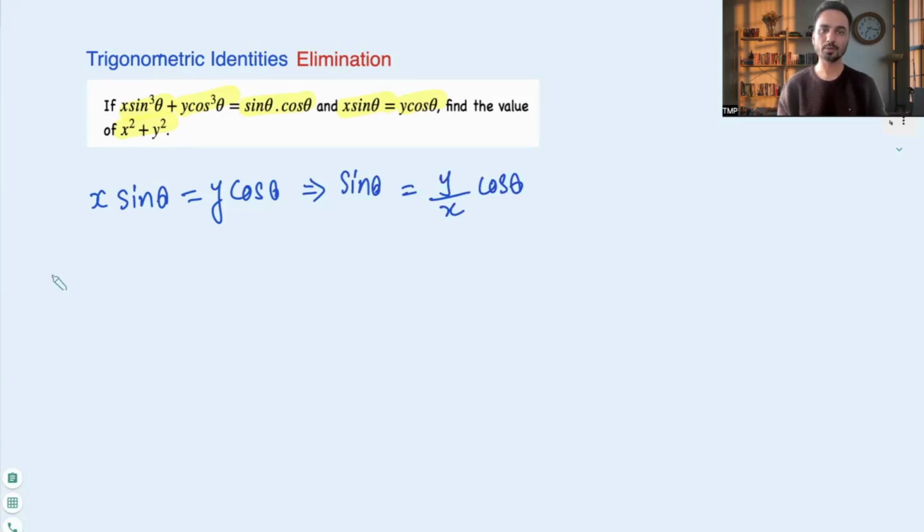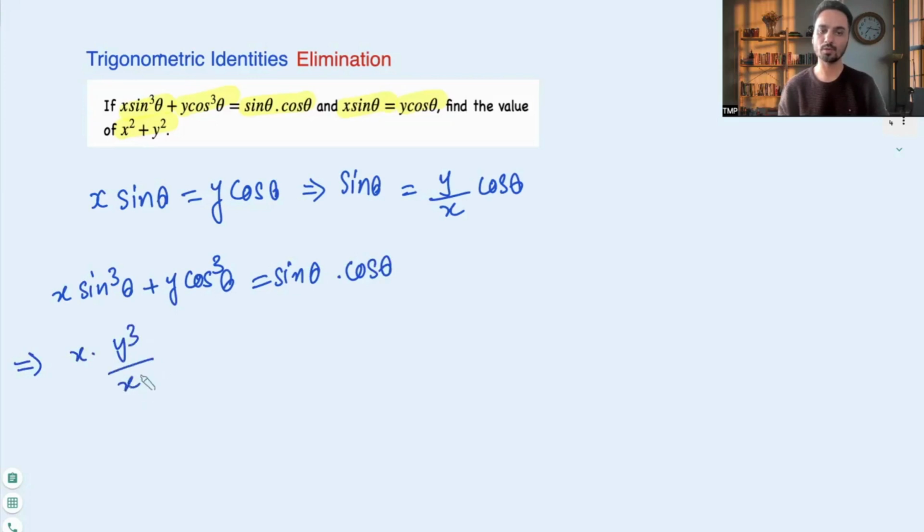And using this value in the other equation, which is x sine cube theta plus y cos cube theta equals sine theta cos theta, will give us x times y cube over x cube cos cube theta plus y cos cube theta equals y over x cos theta times cos theta.